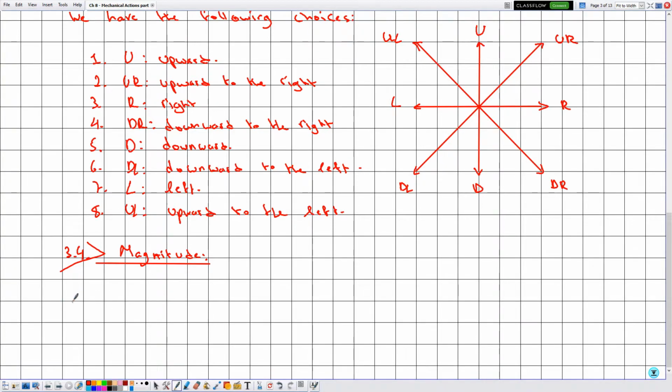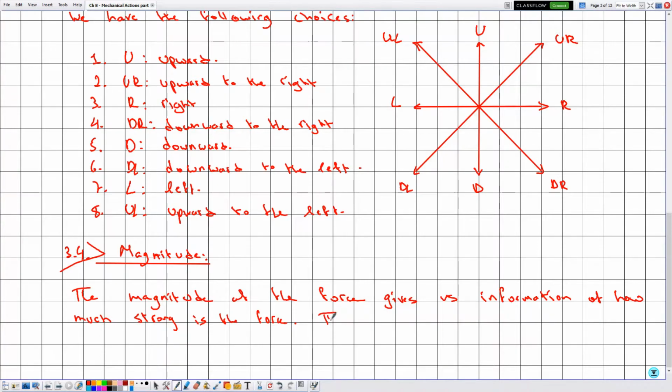The magnitude of the force gives us information of how strong the force is.